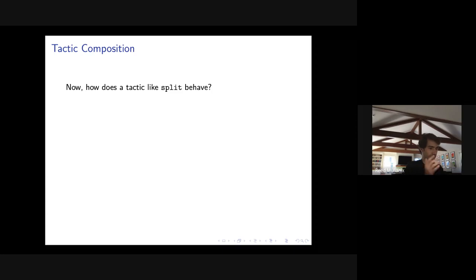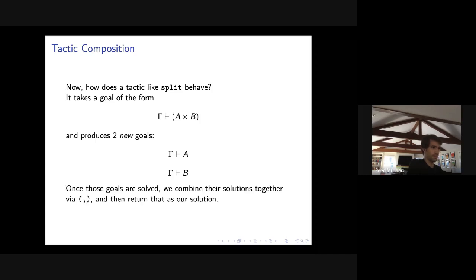So how does a tactic like split behave? For context, split is the one that takes the goal of a pair and decomposes it down into two goals, one for each side. It takes a goal of the form gamma turnstile (A, B) and produces two new goals, gamma turnstile A and gamma turnstile B. Once these goals are solved, so we've synthesized an A and we've synthesized a B, we take those two solutions, glue them together with a pair constructor, and produce that as our extract from the tactic.